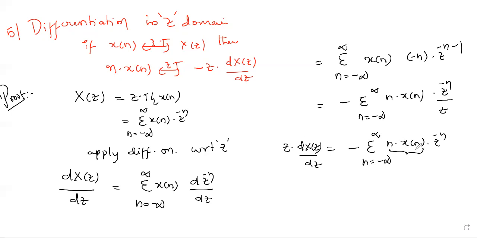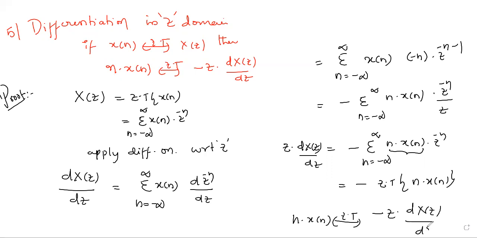So this is in the form of signal multiplied with kernel. This is nothing but minus the z transform of n into x of n. The z transform of n into x of n is n into x of n into z power minus n. So n into x of n, what is its z transform? Minus z into dX(z)/dz. Hence proved. You multiply both sides with minus. That's it. Hence proved. Okay.